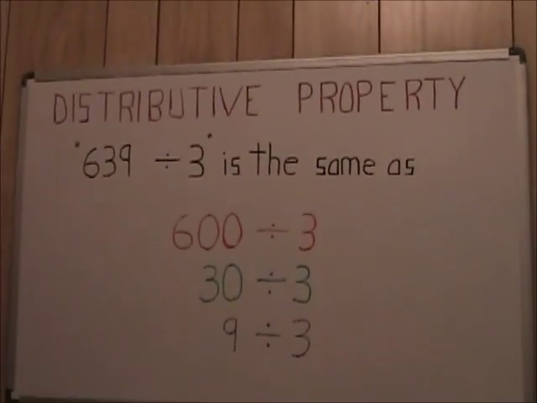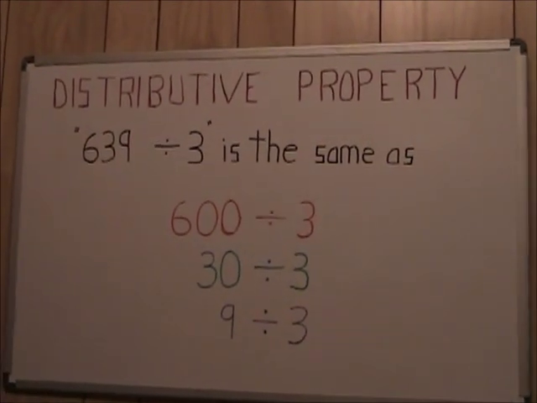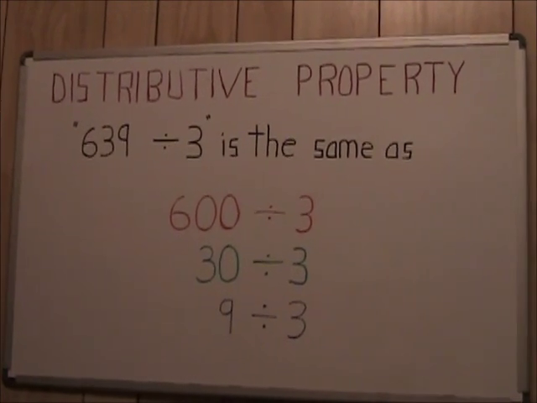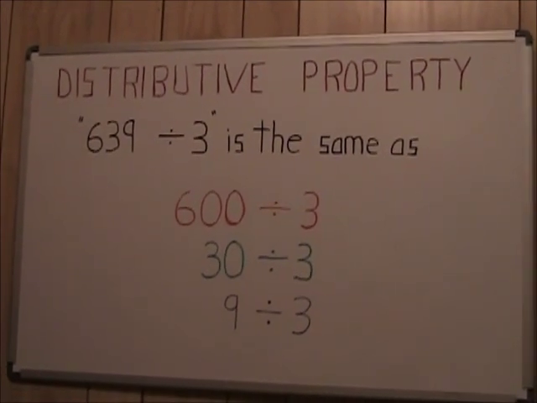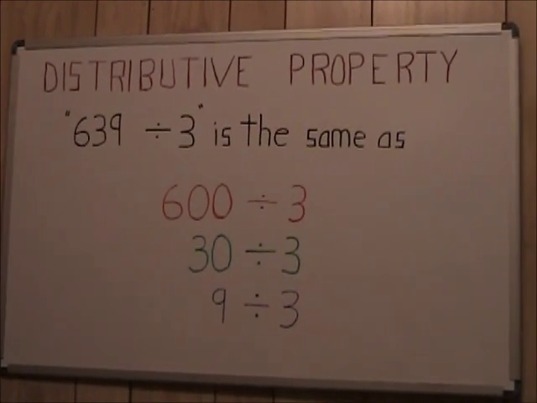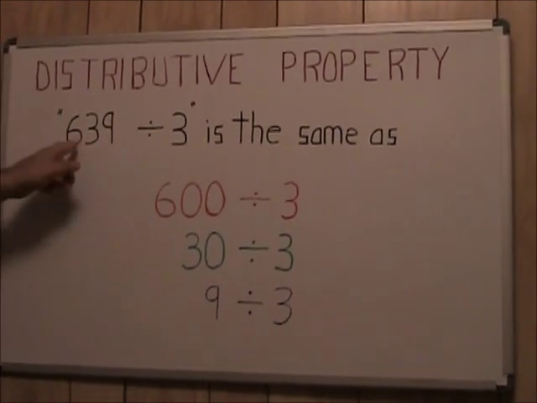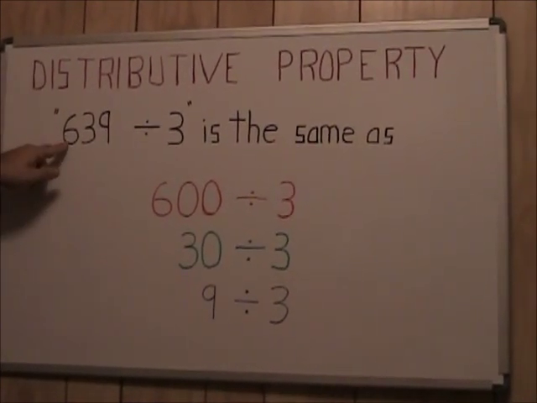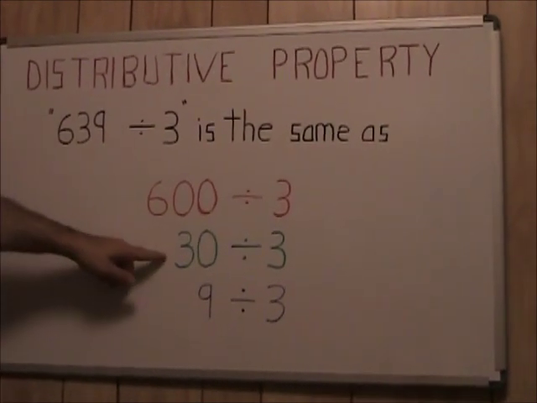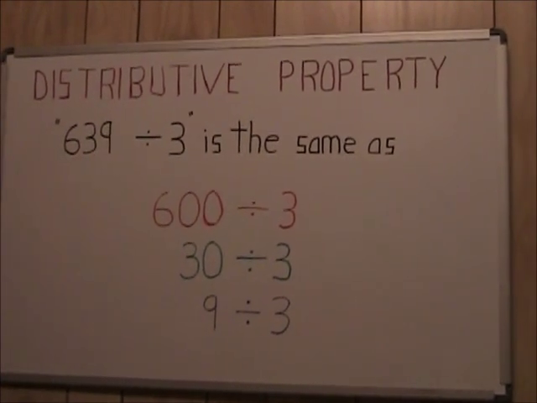And so we see an example of the distributive property as we do the problem 639 divided by 3. You could divide the whole 639 by 3, or you could break it up and divide 600 by 3 because there's 600 in 639, and you could divide the 30 because there's 3 tens in 639.